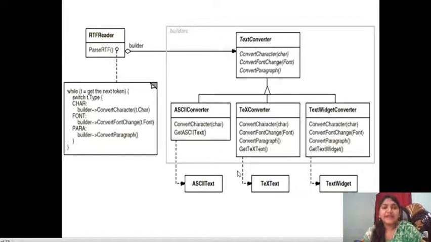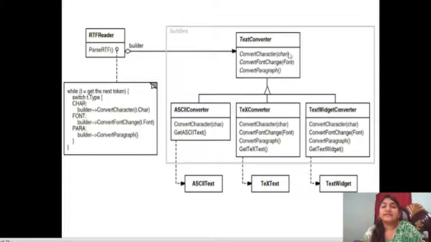Next, the motivation diagram. Here I am taking the RTF reader, and in that RTF reader the operation is parsing, parse RTF. These are all the builders. Builders are all creating the different representations for the complex object which we have.